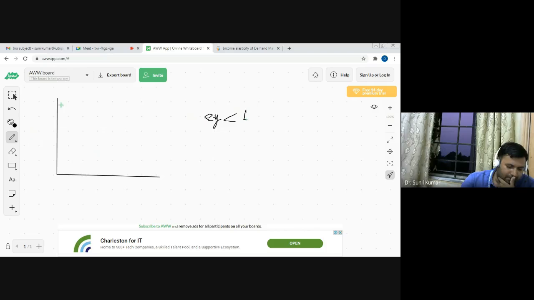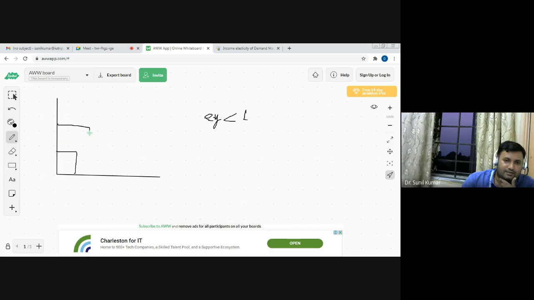See, one thing I will tell you: don't take this much, because if you take this much, then ultimately it will be wrong. So try to take small parts like this.